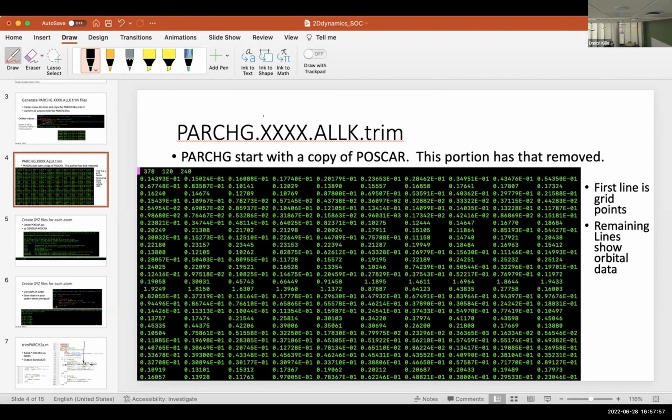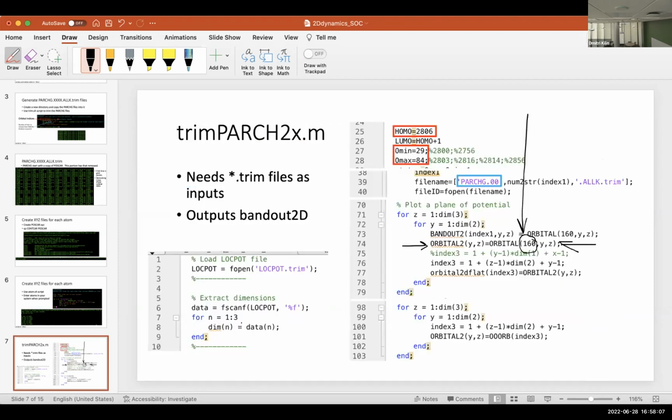All that the locpot line in the code is doing is reading in this first line, this 378, 120, 240 line, and determining what the dimension is. So it's just because of the header. Yeah, it's inherited historically.